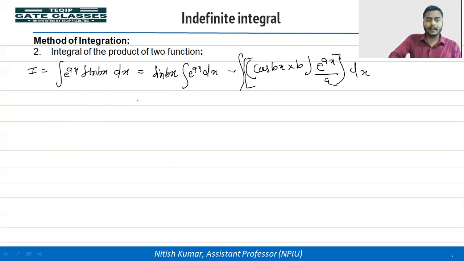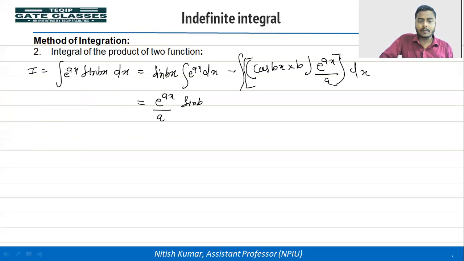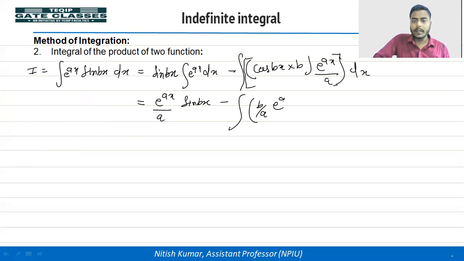So we can write here e to the power ax by a into sin bx minus integration of b divided by a into e to the power ax cos bx dx. Right, integration we have to do for this one, but you can see this is also in multiplication format.